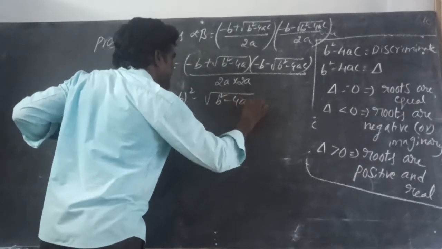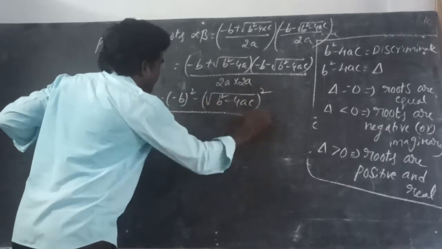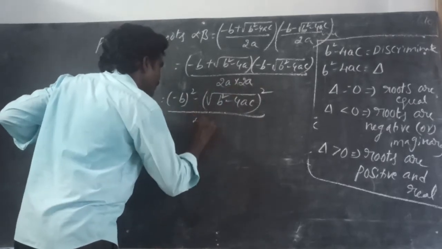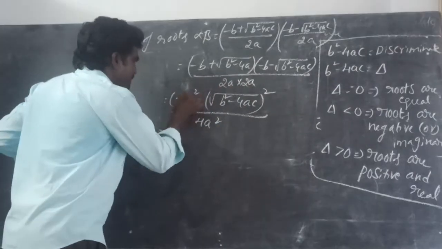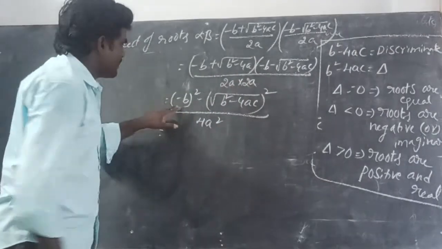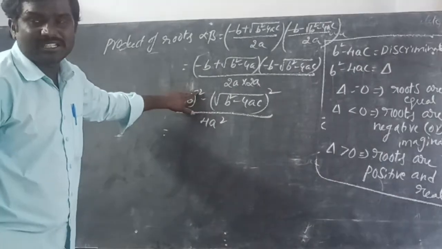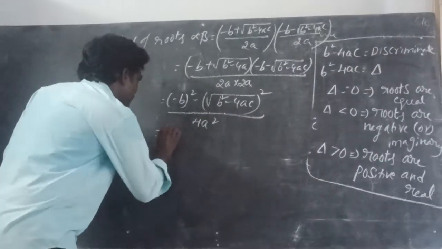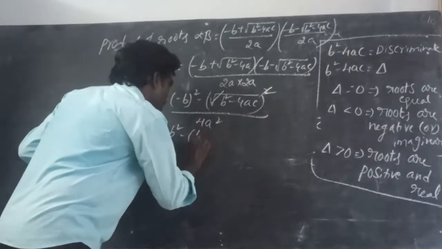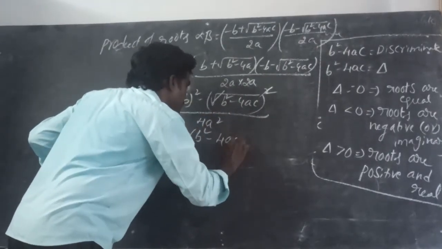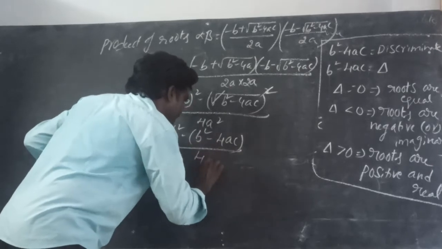That is minus b whole square minus square root of b square minus 4ac whole square, by 2a into 2a, which is 4a square. Minus b whole square: a negative number multiplied an even number of times becomes positive, that is b square. Here the square root cancels, giving b square minus the quantity b square minus 4ac, by 4a square.